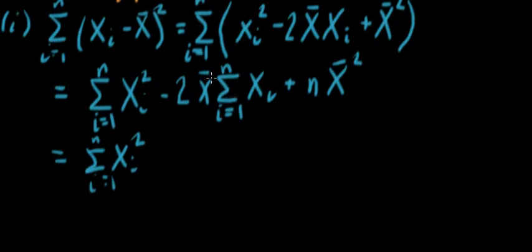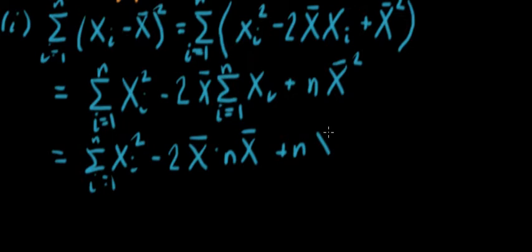This sum is the same as X bar, except it's not divided by n, so that's just n X bar. So that's subtract 2, we already had this X bar here, times n X bar, plus n X bar squared.